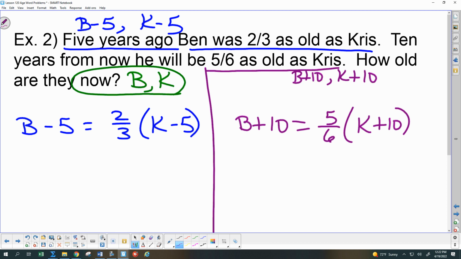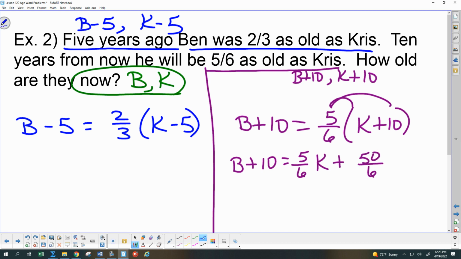And one of the things we've learned to do so we don't get ourselves too messed up is let's distribute first before we worry about getting rid of the fractions. So B plus 10 is 5/6 K plus 50 over 6. And same thing here, B minus 5 is 2/3 K minus 10/3. How many of you love fractions?